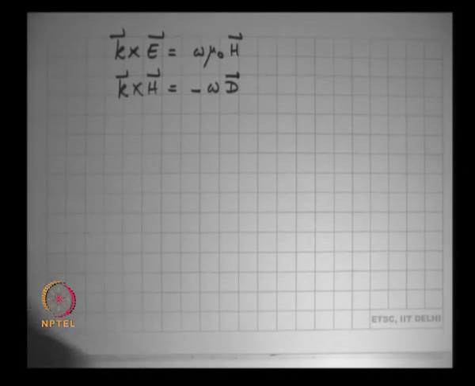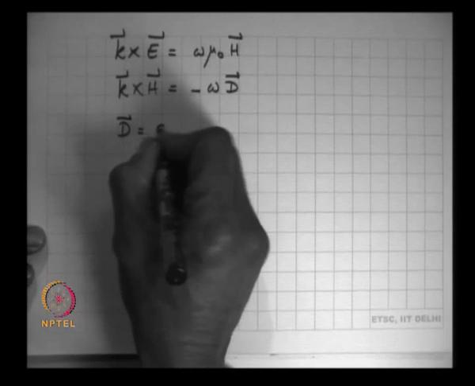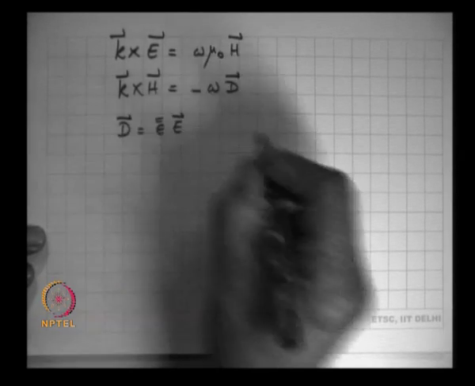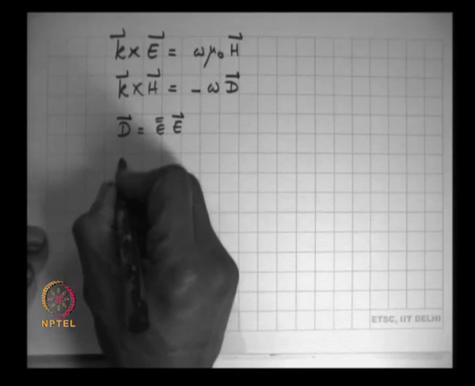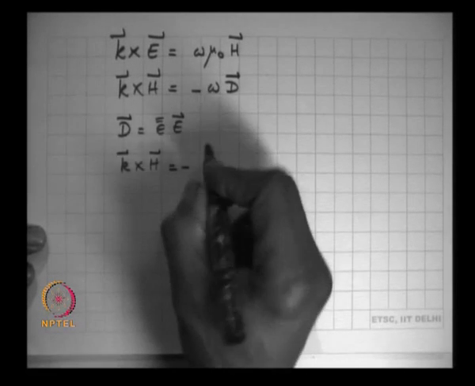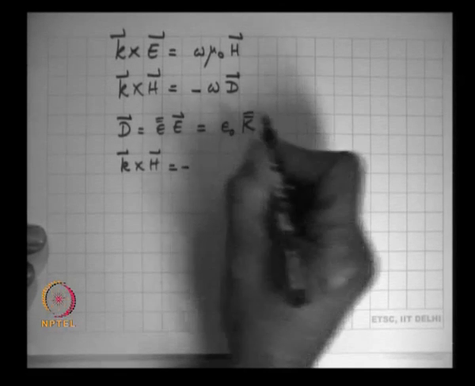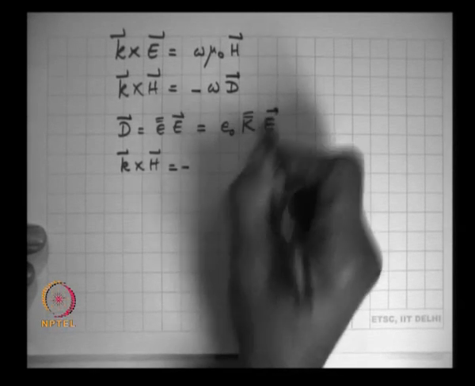Now, remember, we have written this equation D is equal to epsilon E. So, this equation actually becomes k cross H is equal to minus omega, let me write this as epsilon 0 times a dielectric constant tensor times E vector.